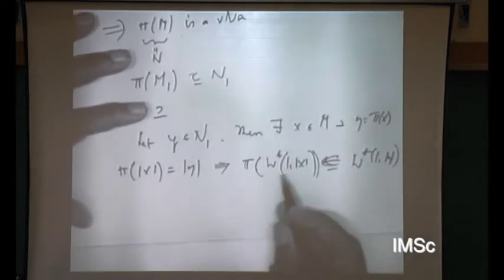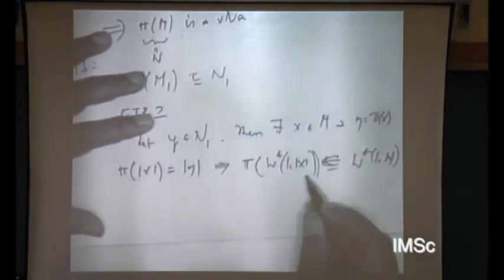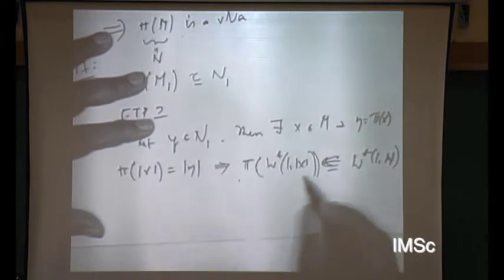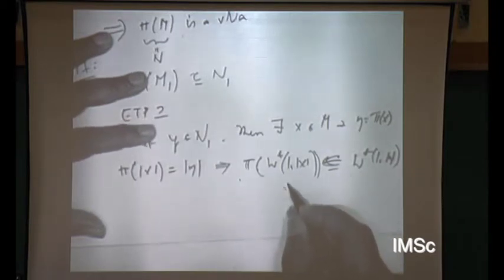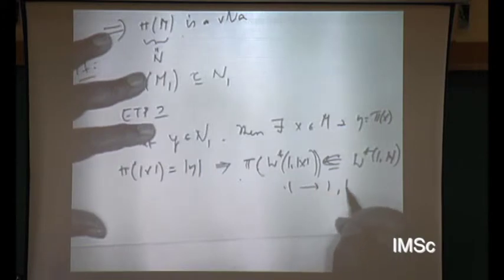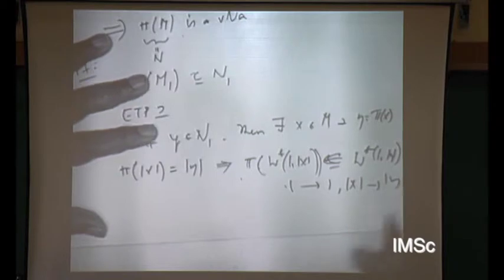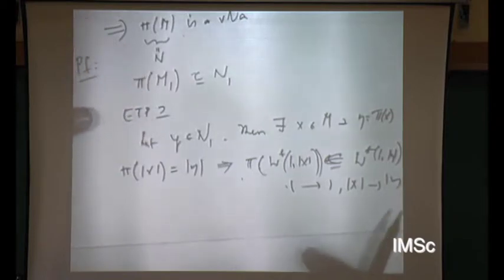So I want to say that pi sends 1 to 1 and |x| to |y|. Okay.